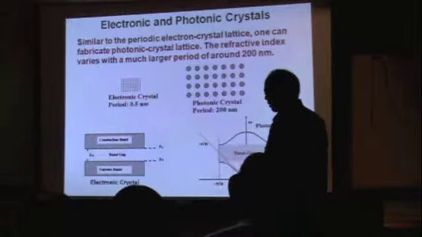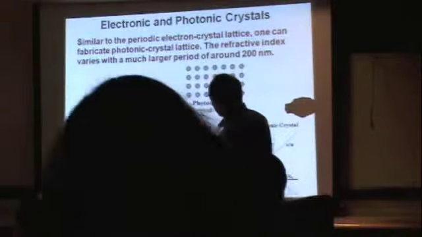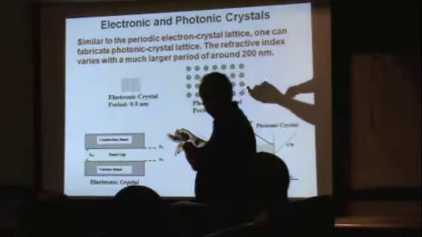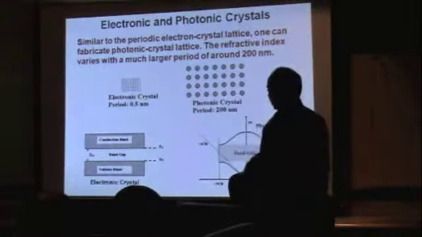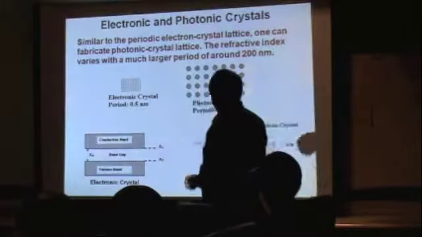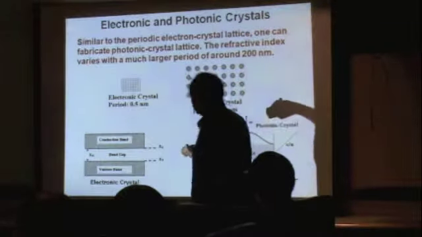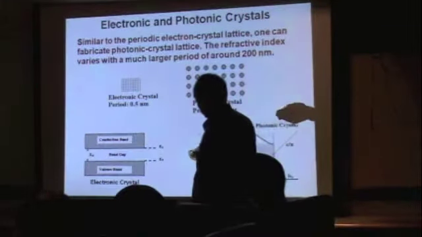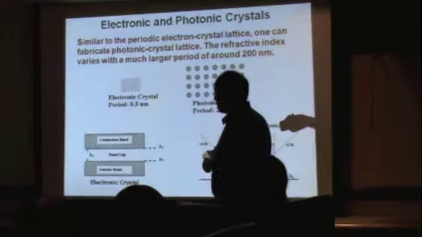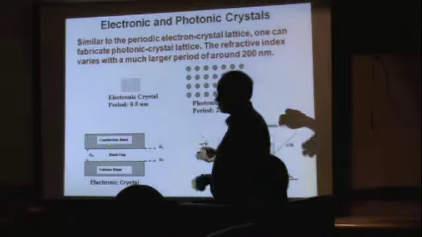The reason is that for electrons with this energy, if you shine an electron beam, it just gets diffracted out. So that is not allowed inside the crystal. If you have taken a course in semiconductor physics or even basic solid state physics, this is a very characteristic feature of an electronic crystal. In the valence band the electrons are tightly bound, they are not free to move. And in the conduction band, the electrons are free to move.